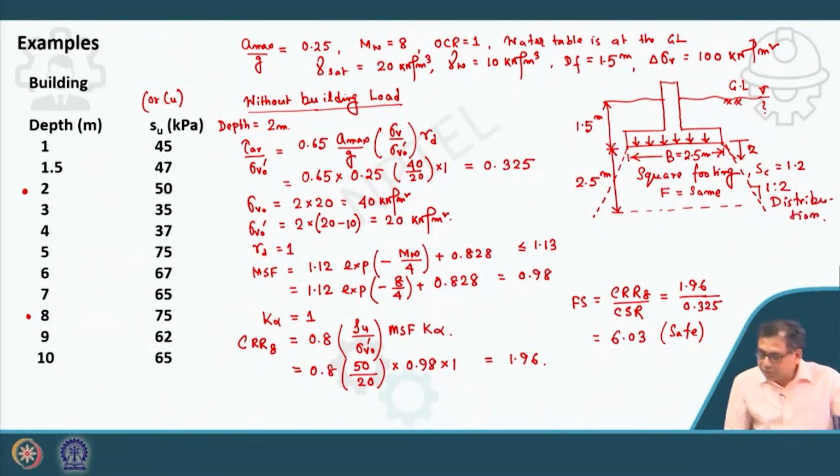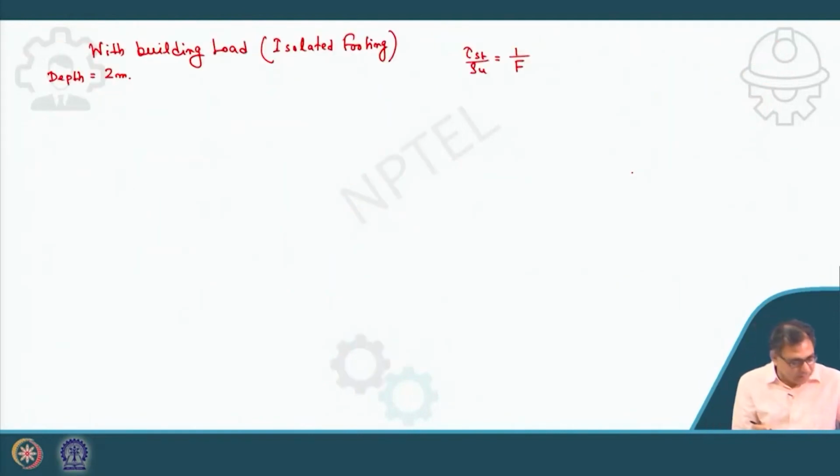At 2 meter means it is 0.5 meter below the base of the footing, because footing depth is 1.5 meter.